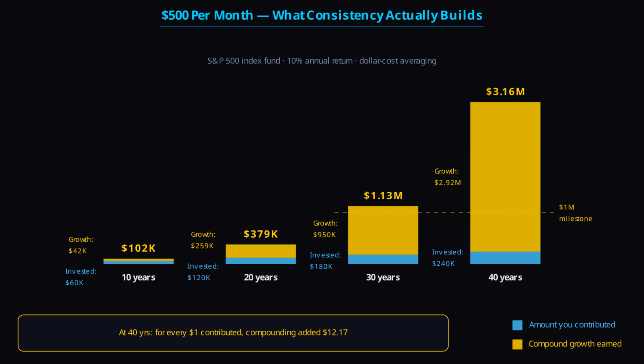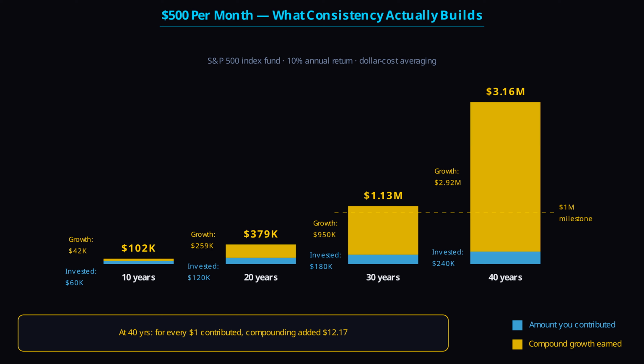The market gave you $42,000 on top. 20 years, $379,000. You contributed $120,000. The market doubled it. 30 years, $1,130,000. You crossed the $1 million threshold with a $500 monthly contribution. You put in $180,000. Compounding turned it into 6 times that.